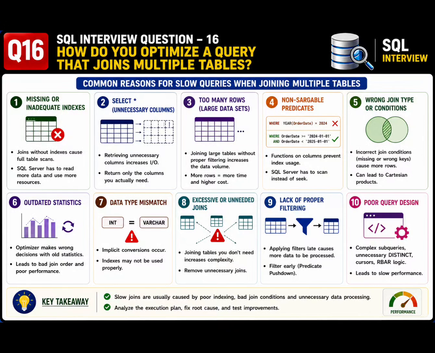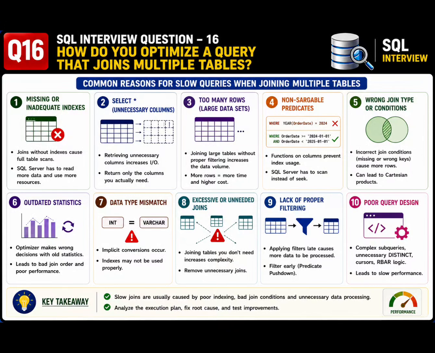Then data type mismatch: joining an int column with a varchar column causes implicit conversion, preventing index use. So ensure both join columns have compatible data types. Then also unnecessary joins: avoid joining tables that are not required for the final output. Every extra join adds processing overhead.